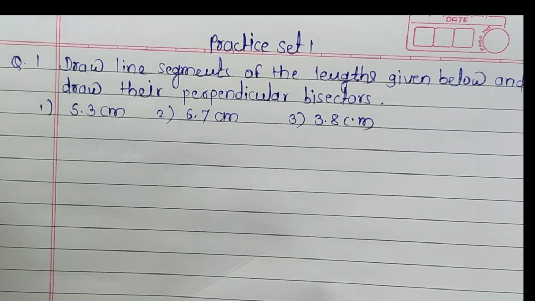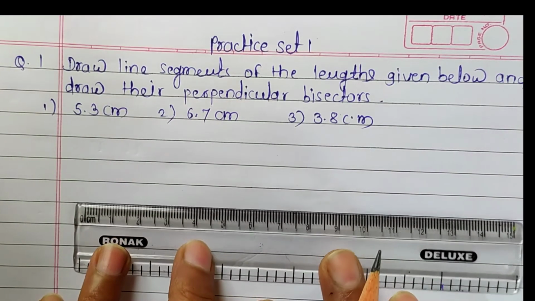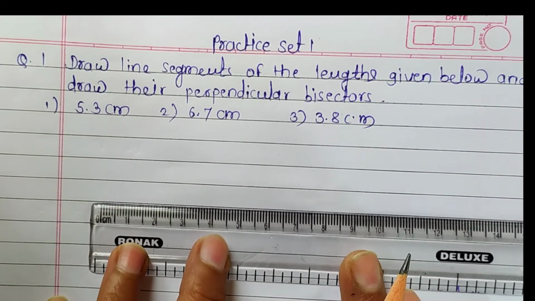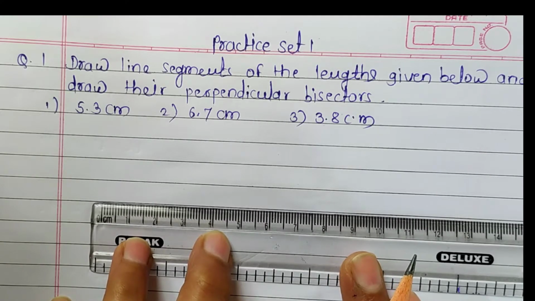The first step is to draw the line segment of the given length. Here let's draw it with the help of scale and pencil. In your scale, take the distance 5.3.